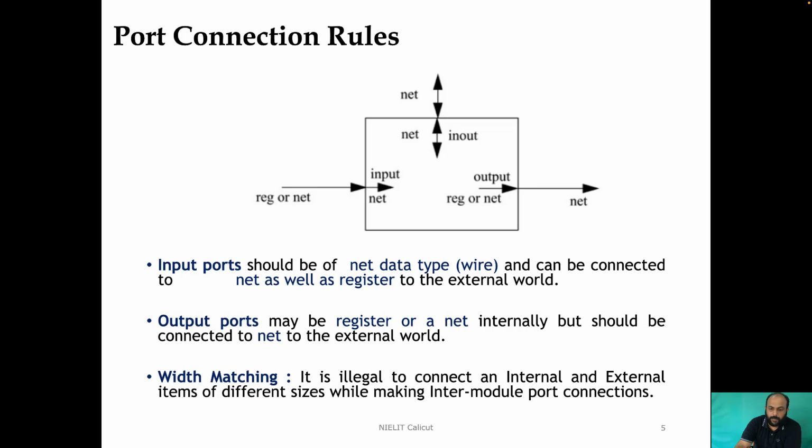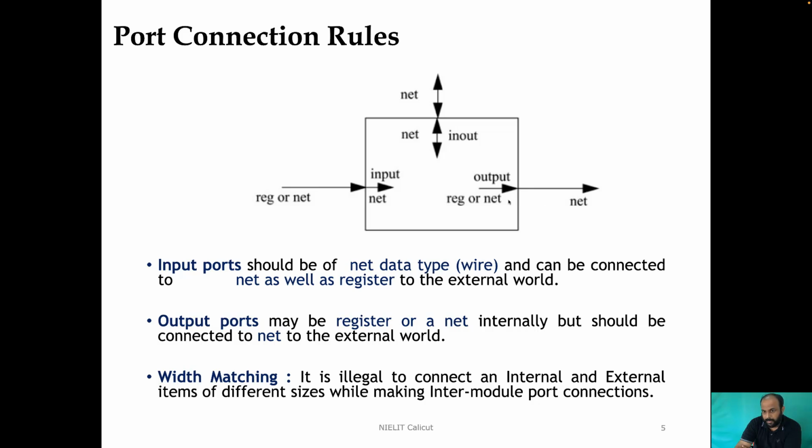The typical keyword for that is wire. Whereas it can be driven from an external port, which could be either a net or a register. Similarly, the output port of a module can be a register or a net, but it can drive only a net in the external world.